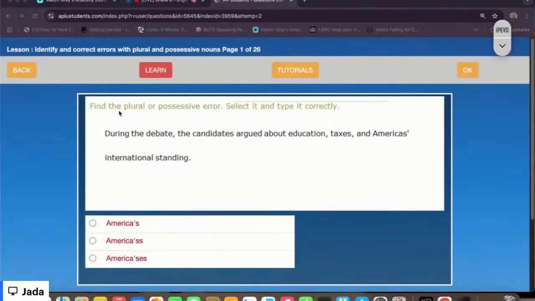So we have, find the plural or possessive error, select it and type it correctly. So during the debates, the candidates argued about education, taxes, and Americans' international standing.